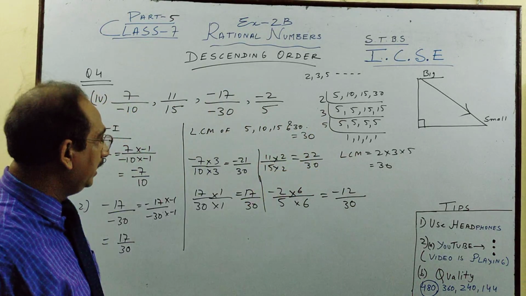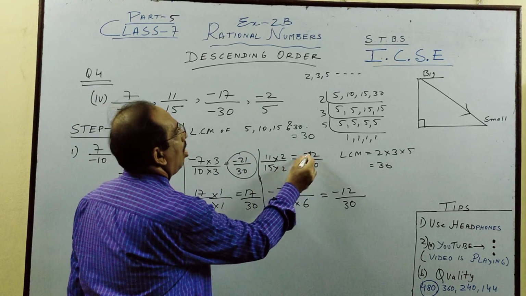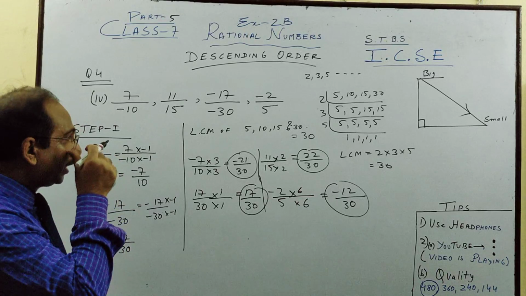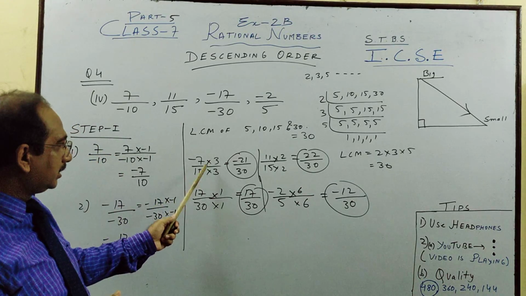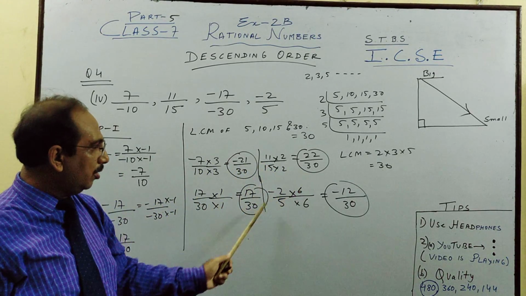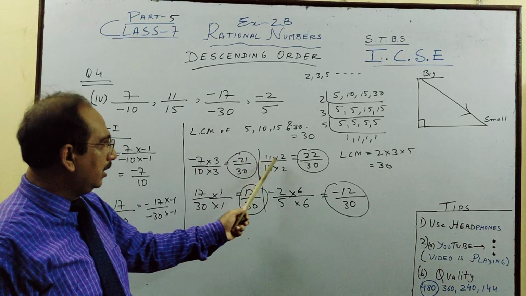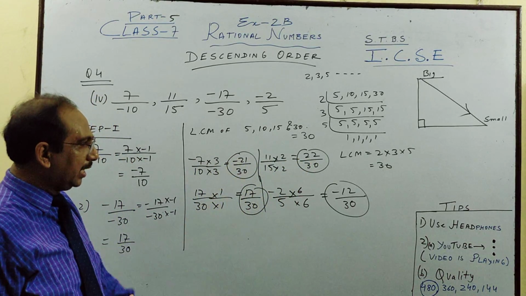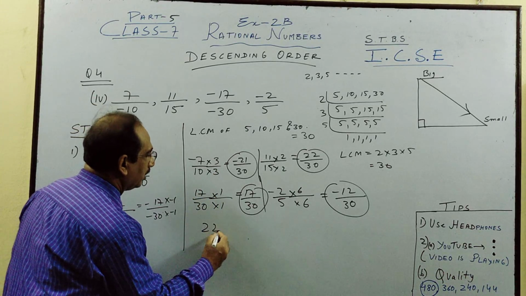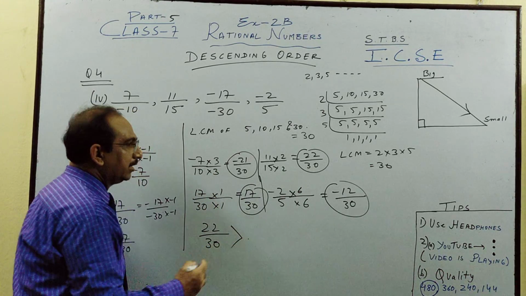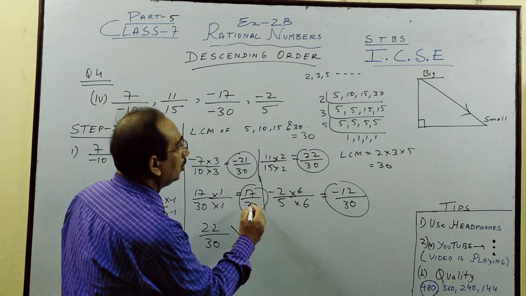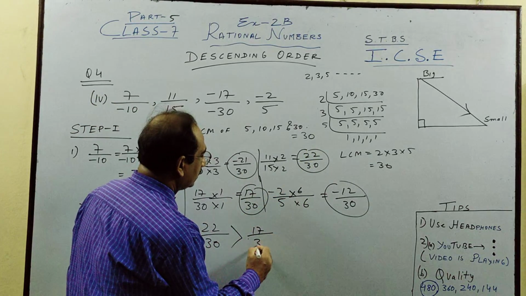Since now it is descending order, out of this, if you see, okay, so what we have, just check once more that all the denominators are equal and numerators are multiplied properly. So which is the biggest, children? 22 by 30 is greater than the rest. Same denominator, the larger the numerator, the bigger is the fraction.